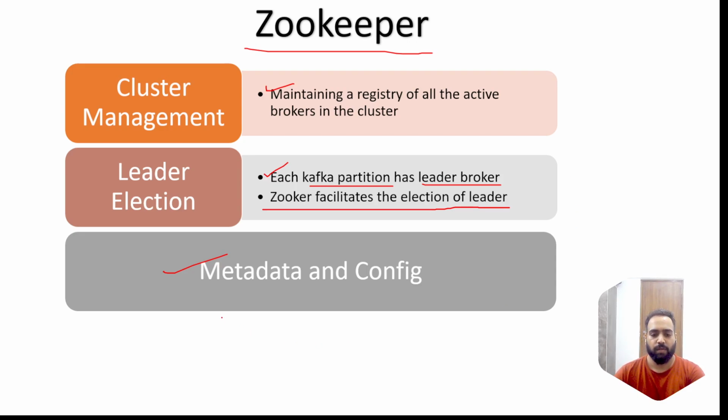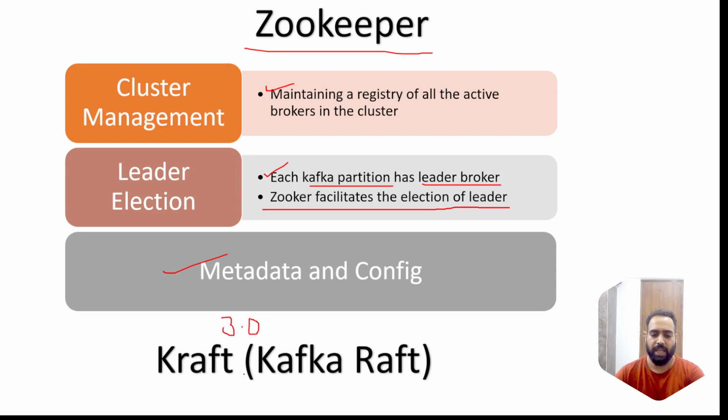After Kafka version 3.0, Kafka introduced KRaft, also known as Kafka Raft. With Kafka Raft, there is no need for Zookeeper from now onwards, and all the functionality of Zookeeper will be handled by the Kafka broker only. So remember, after this version, Zookeeper is no longer required; Kafka Raft will be in the implementation.